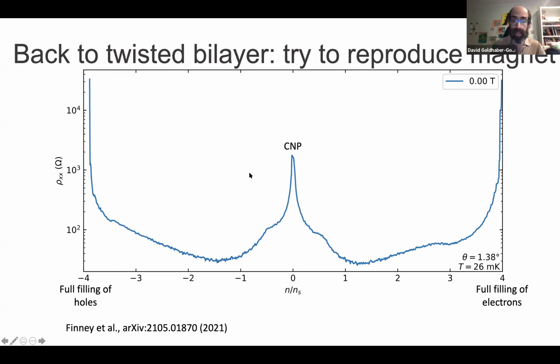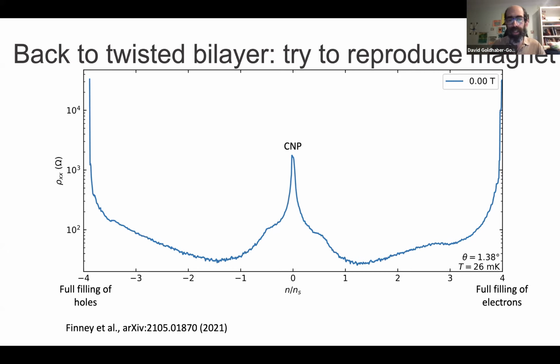And in addition, there aren't strong features at, say, half filling of the electron part of the conduction part of the band, or half filling of the hole part of the band. So all of this looks like, all right, we just got the wrong angle, and this is not going to show the magnetism because it's not a very flat band, but it's going to be pretty mundane.